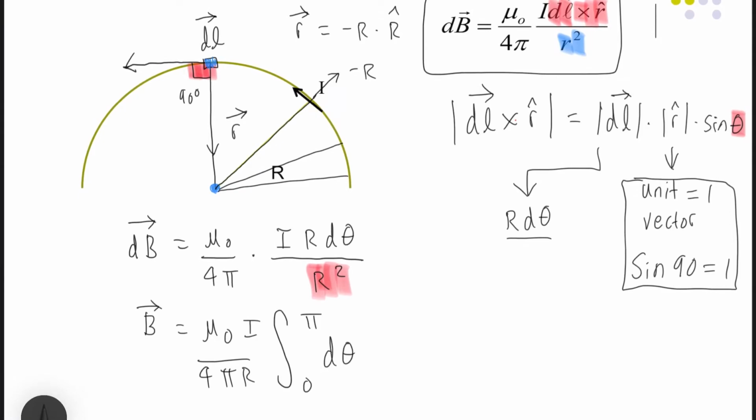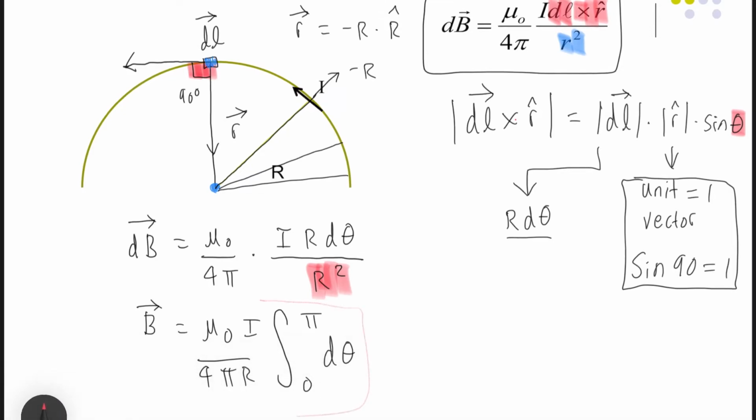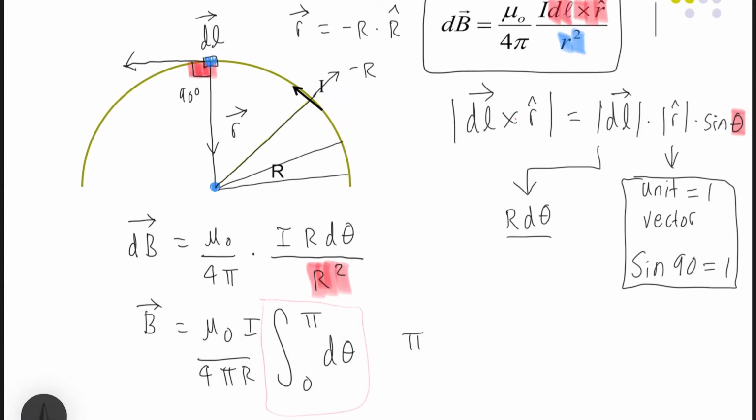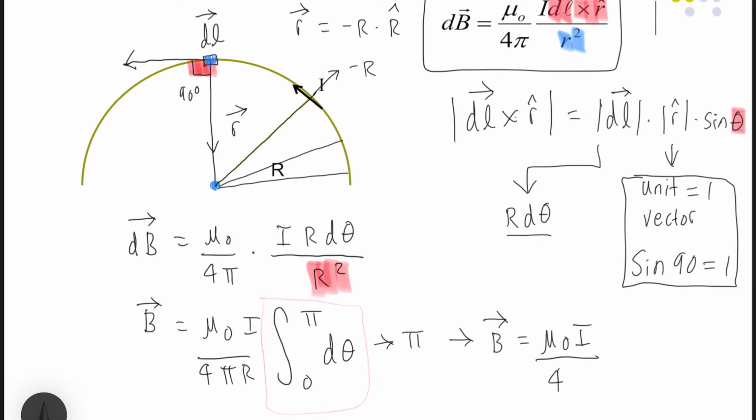This whole integral will give us a value of pi, and then we just multiply that into our B field. So what we end up getting is the B field is equal to mu naught I over 4 r.